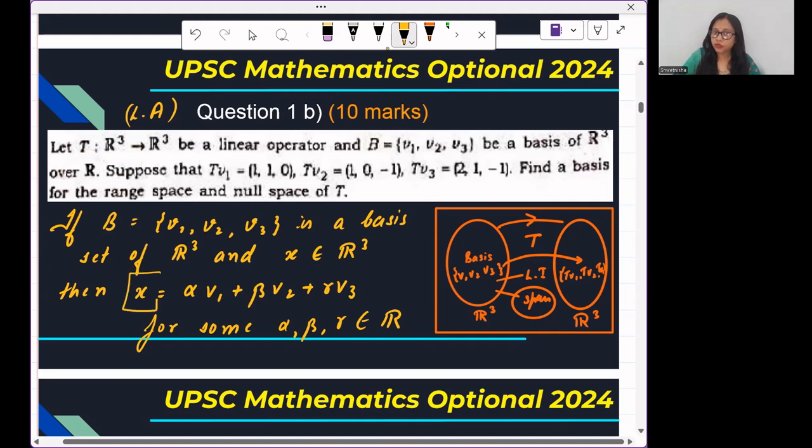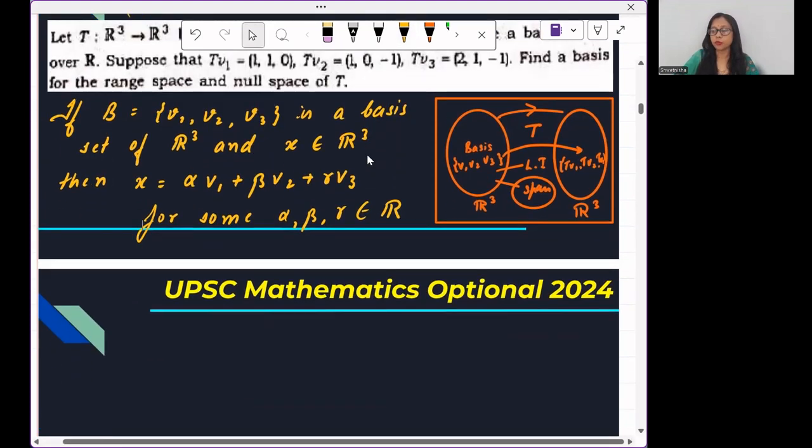So every vector from R3 I can write as a linear combination of the basis vectors. That is the job of a basis, right? So I have taken alpha, beta, gamma for an arbitrary element X from R3.